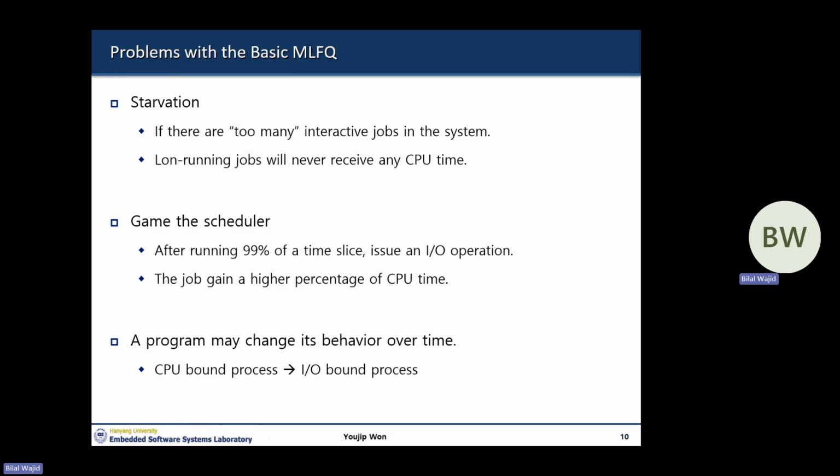Now, if it changes its behavior over time, and now it's an input-output bound process, it's actually relinquishing the CPU before every time slice finishes. So now, if a bad boy is showing good behavior, shouldn't we give them some encouragement? Not in this system right now. No, we need to do something. We need to make some changes so that if you're showing good behavior, your priority level should be raised. How do we handle those things?